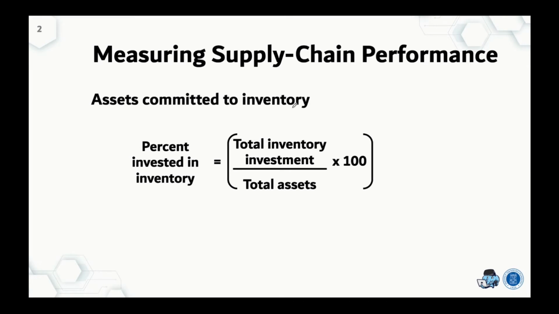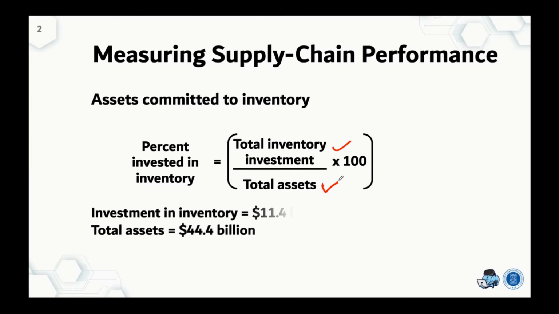The first measure, the asset committed to the inventory, we can measure with the percentage invested in the inventory, which is the total inventory investment divided by the total asset that we have, multiplied by 100. For example, investment in inventory of 11.4 billion and total asset of 44.4 billion.